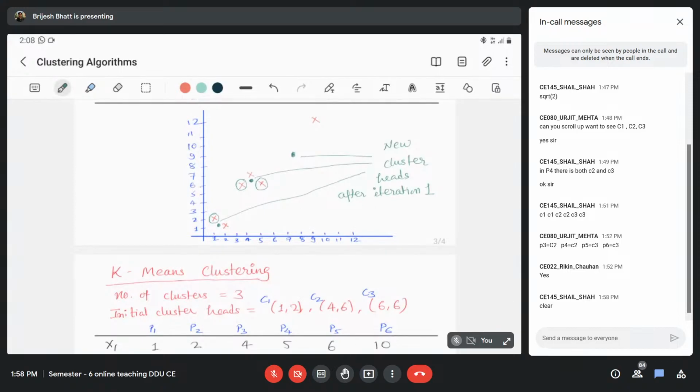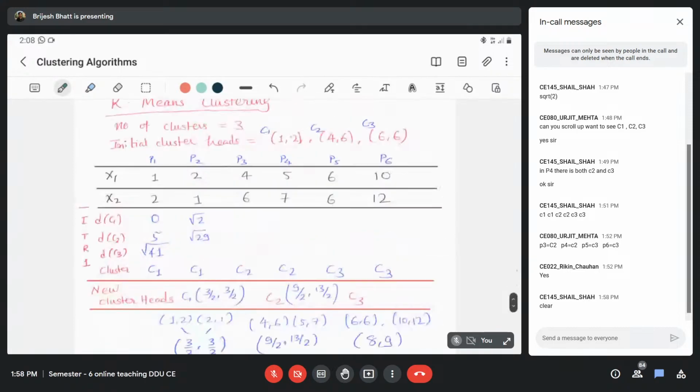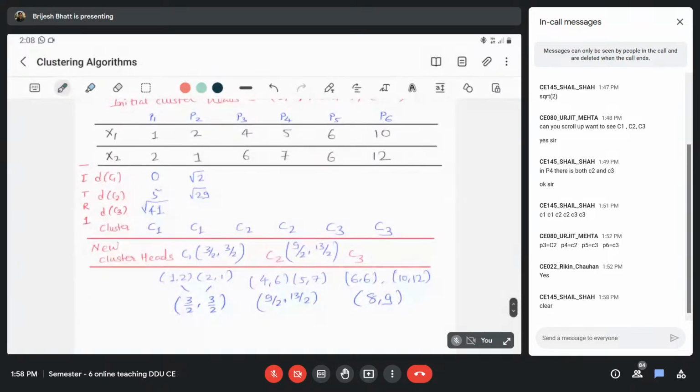Okay, Shell says it's clear. Good. So now let's try one more iteration to see whether the cluster heads are moving or not.